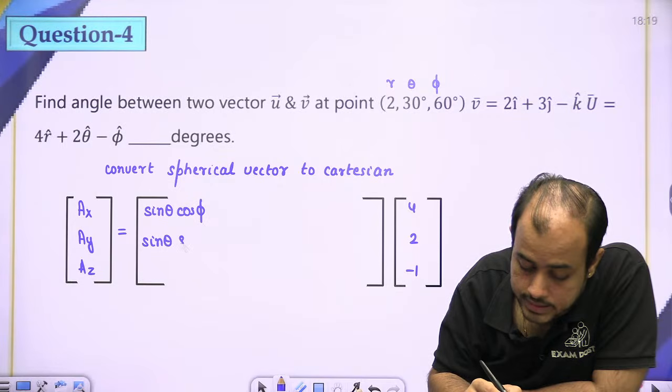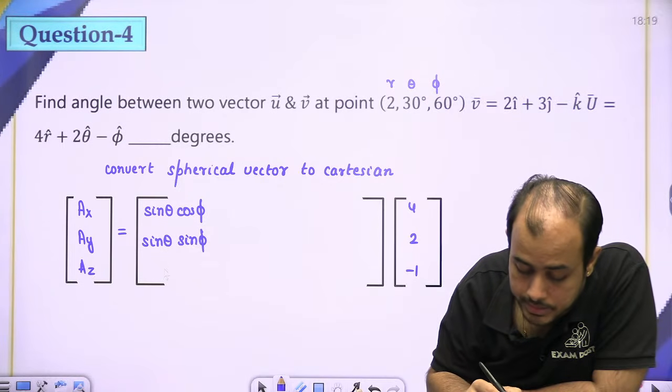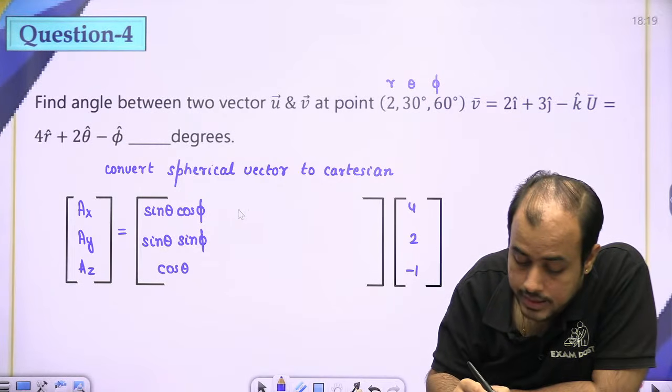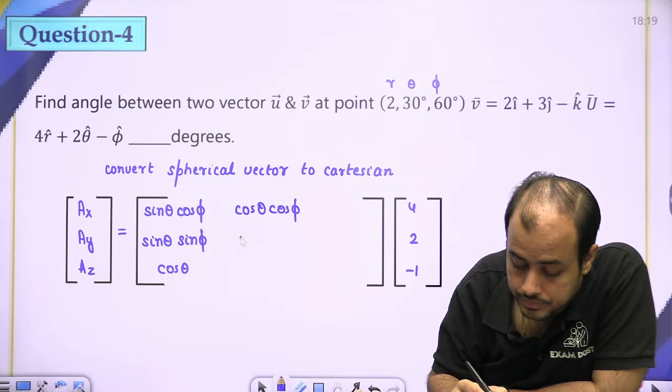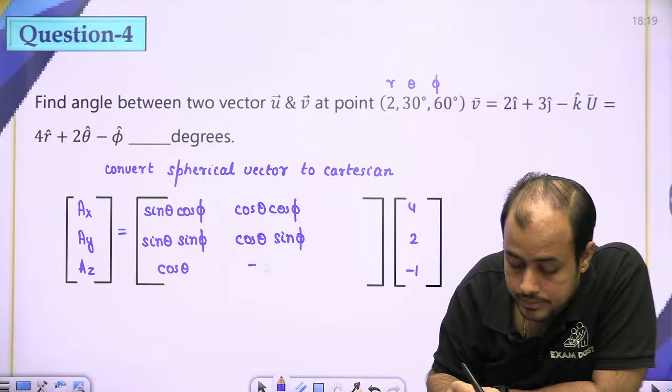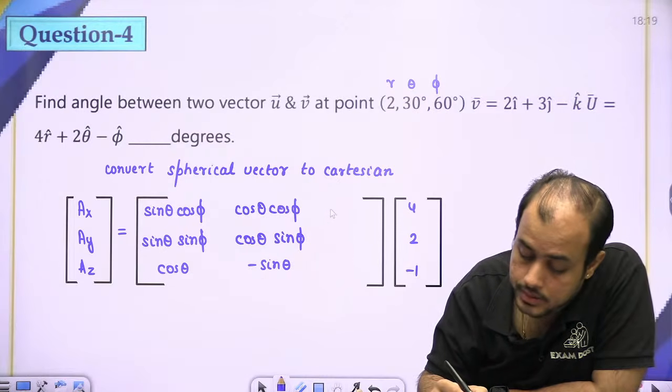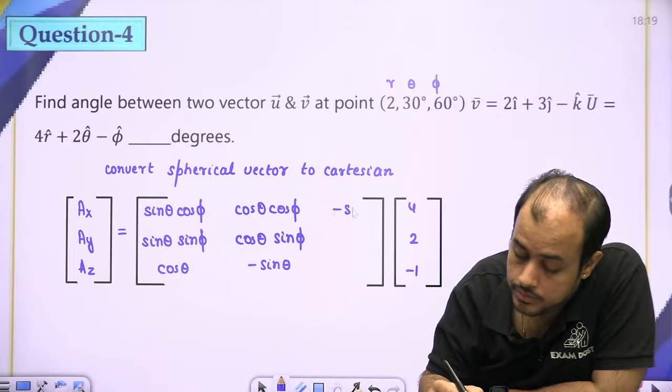You know the matrix. Matrix याद करने का तरीका मैंने बताया है. Derivative with respect to theta. Then derivative with respect to phi. Put theta 0.